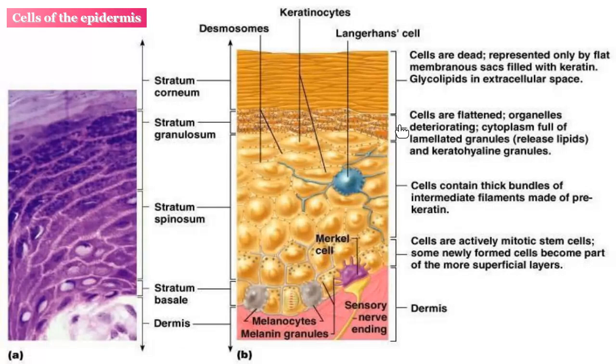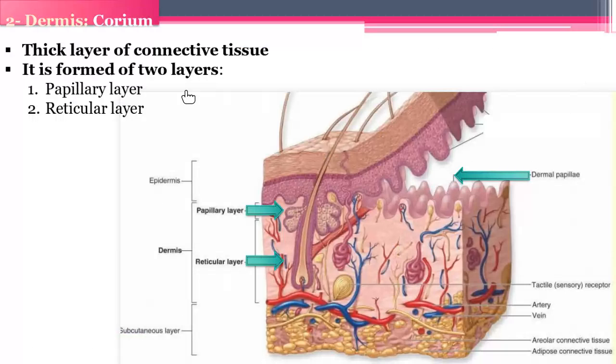Then the different cells which we studied in the epidermis: 90% of the population is keratinocytes, and the other 3 are under the category of non-keratinocytes, that is melanocytes, Merkel cells, and Langerhans cells. So I hope the layers of the epidermis and the different cells present in the epidermis are clear. Now let us see the dermis.